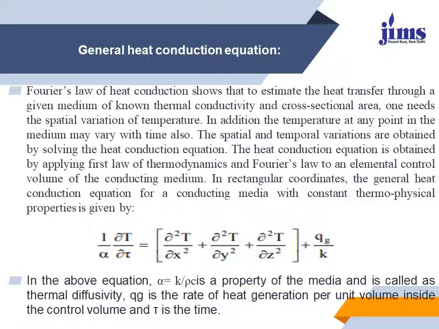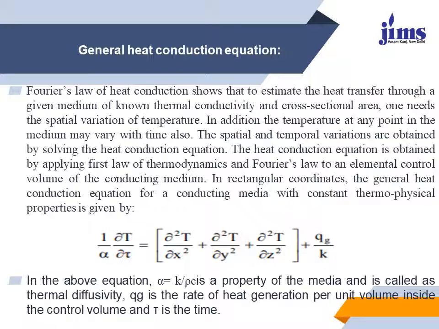For deriving this equation, we assume certain parameters. First, we assume that the heat transfer takes place in the x direction, y direction and z direction also, and there is a uniform heat generation inside the volume.